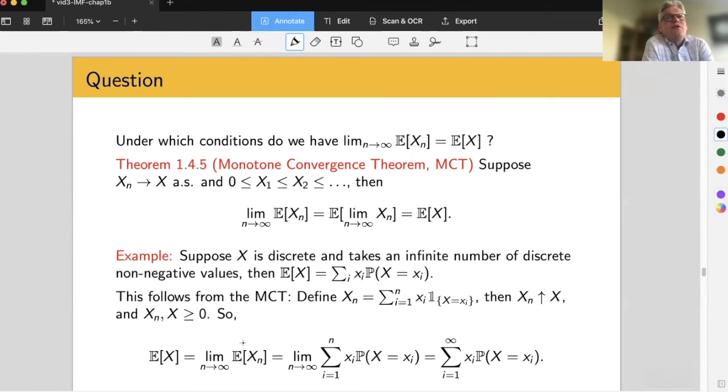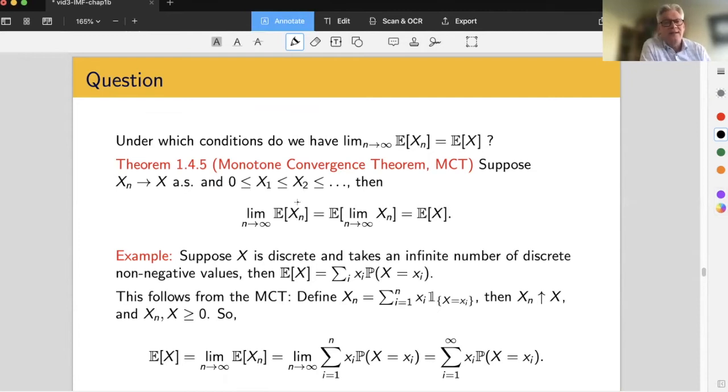Yeah, we have to require monotonicity. So the sequence should be a monotone sequence, non-negative and increasing. So suppose xn converges to x almost surely, and x1, x2, etc. form a non-negative increasing sequence.